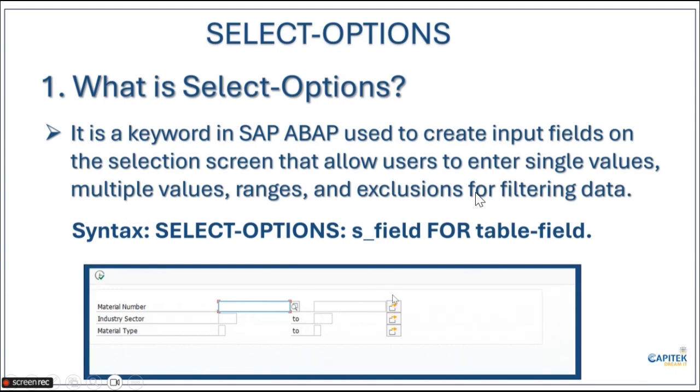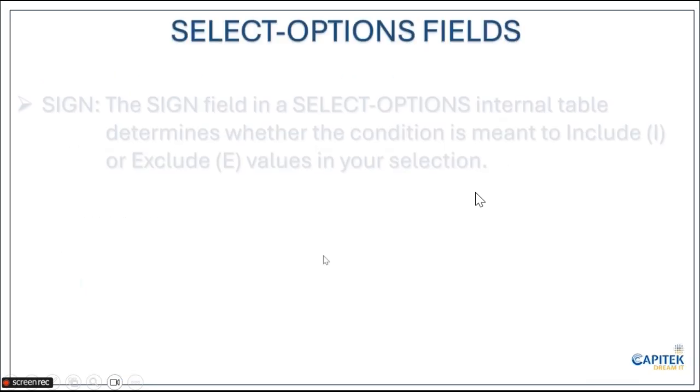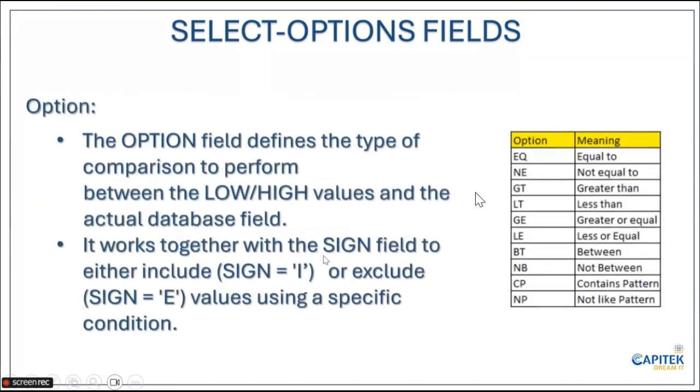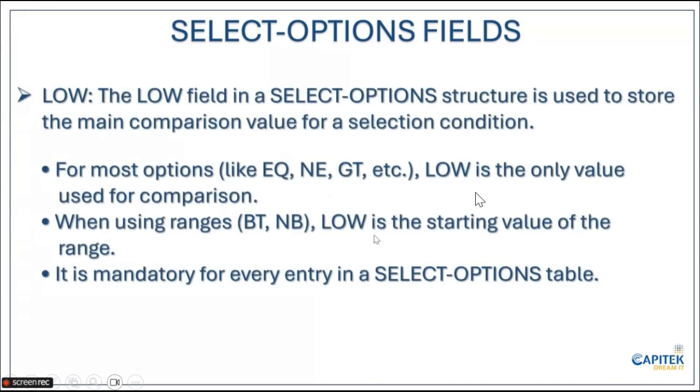On the low field, if you provide some value, then that field with the provided data will look for the option called sign.